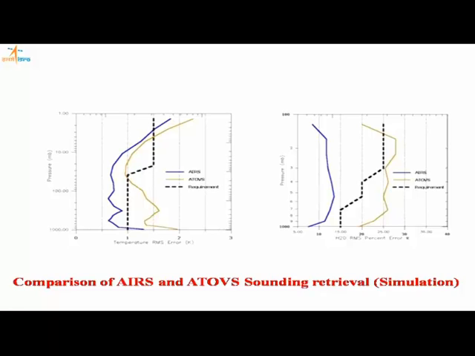This black dotted line shows the requirement by weather forecasting agencies. They wanted the accuracy of water vapor to be better than this line and temperature accuracy to be better than this line. This slide shows that hyperspectral measurements are able to meet the specification which numerical weather prediction agencies require.